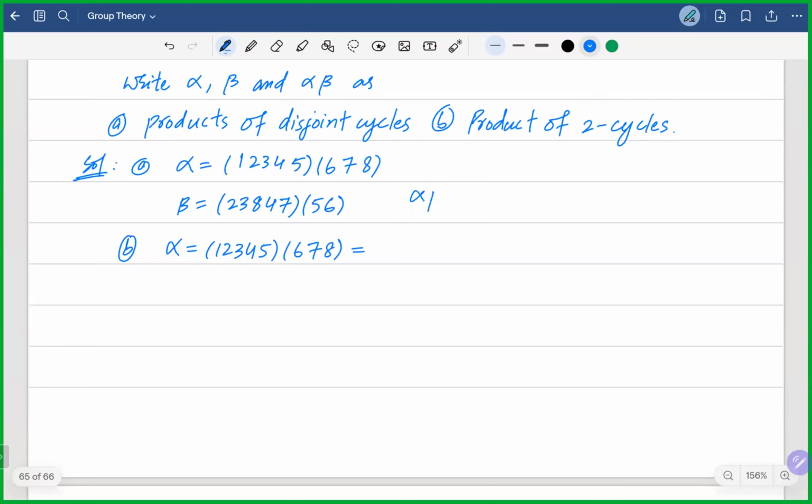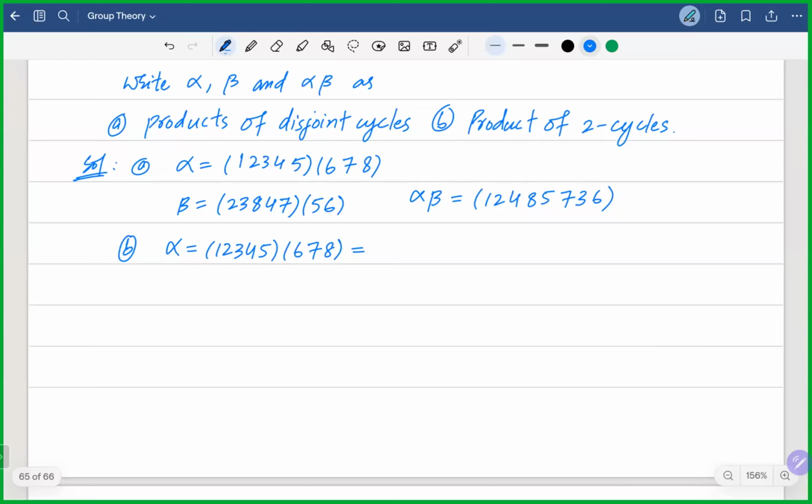So alpha beta, if you compute it, is going to be 1, 2, 4, 8, 5, 7, 3, 6. You can check the product of alpha beta in cycle notation is going to be this one.